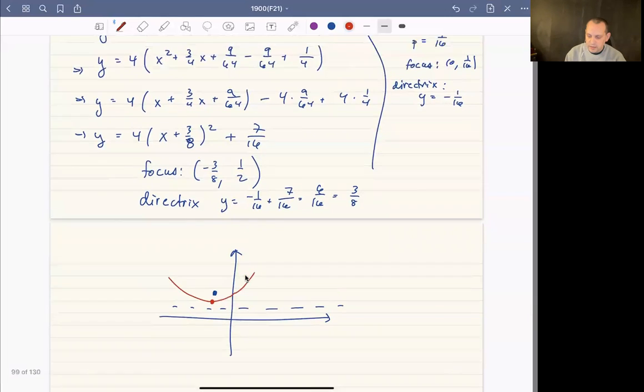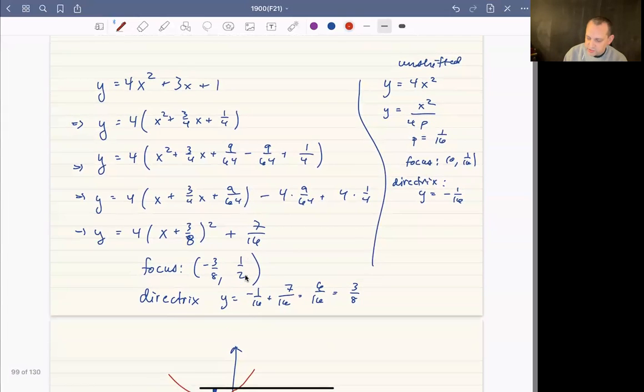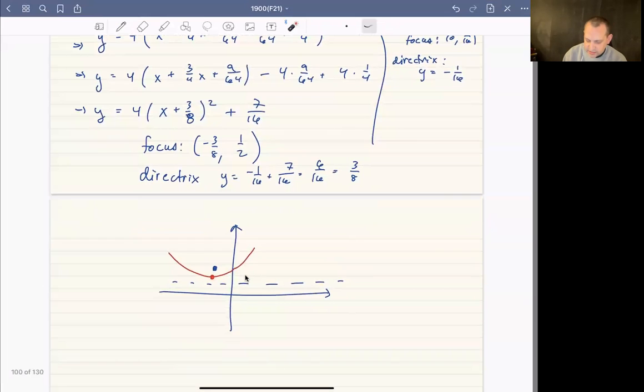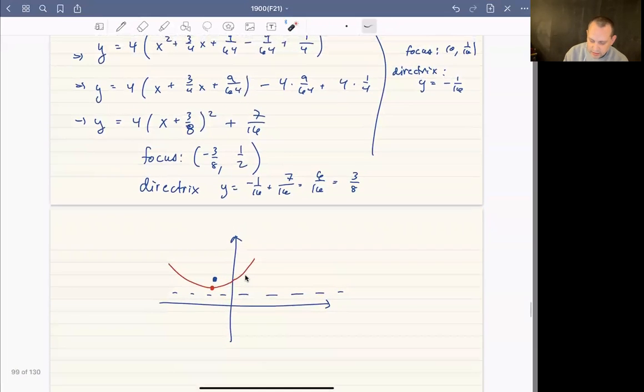So here your vertex would have been 0, 0, and instead our vertex is going to be negative 3/8, 7/16. And so that's what that's going to look like.